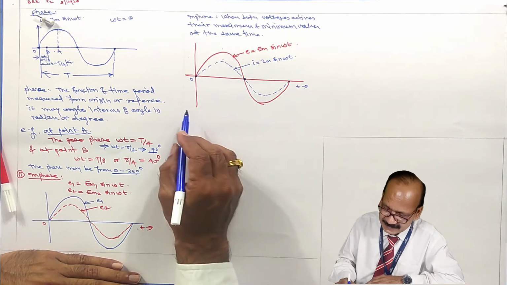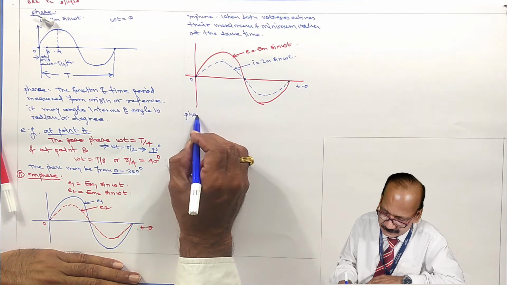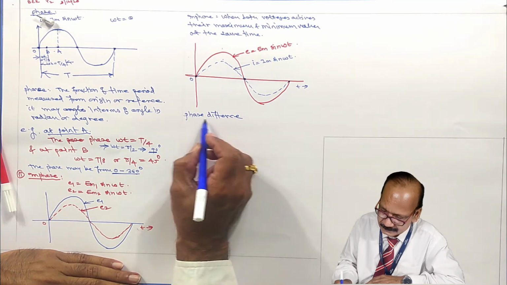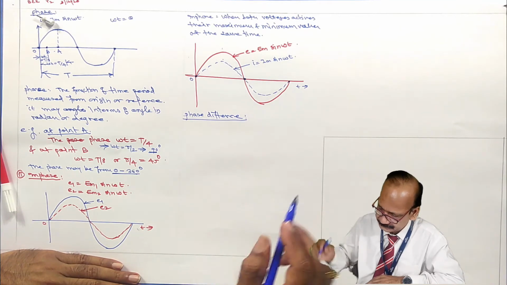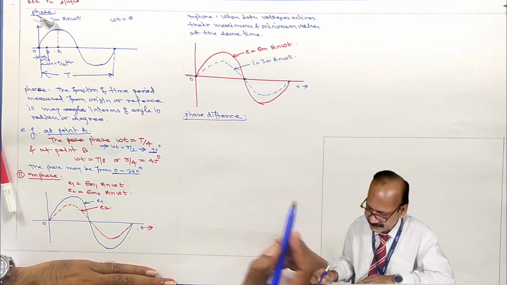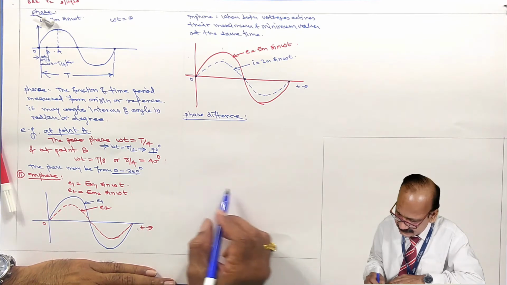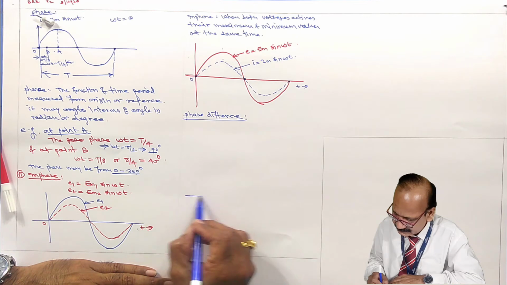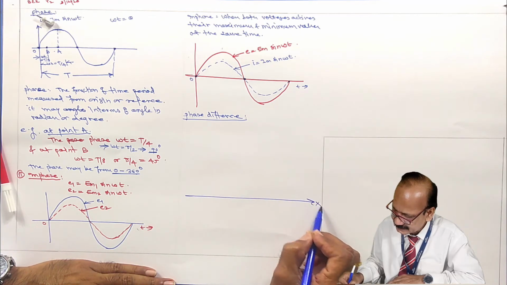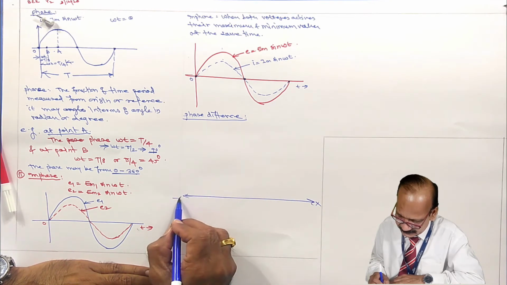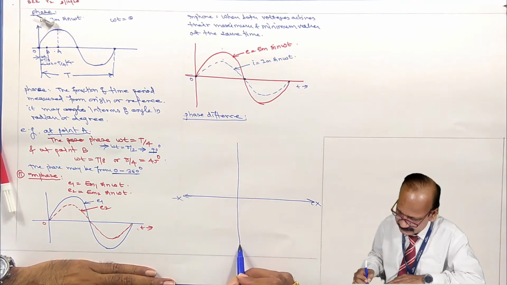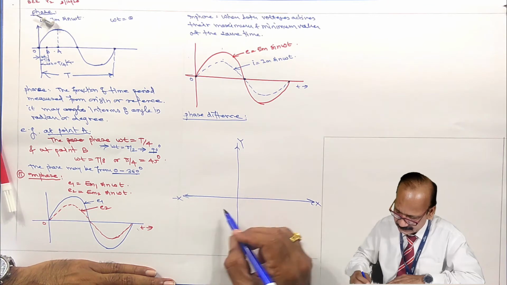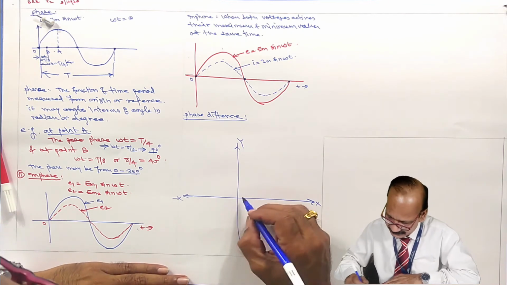Now let us see the phase difference. For better understanding, let us see the coils, two coils. Say this is x-axis positive, this is minus x, say this is y, and let us consider the coils.